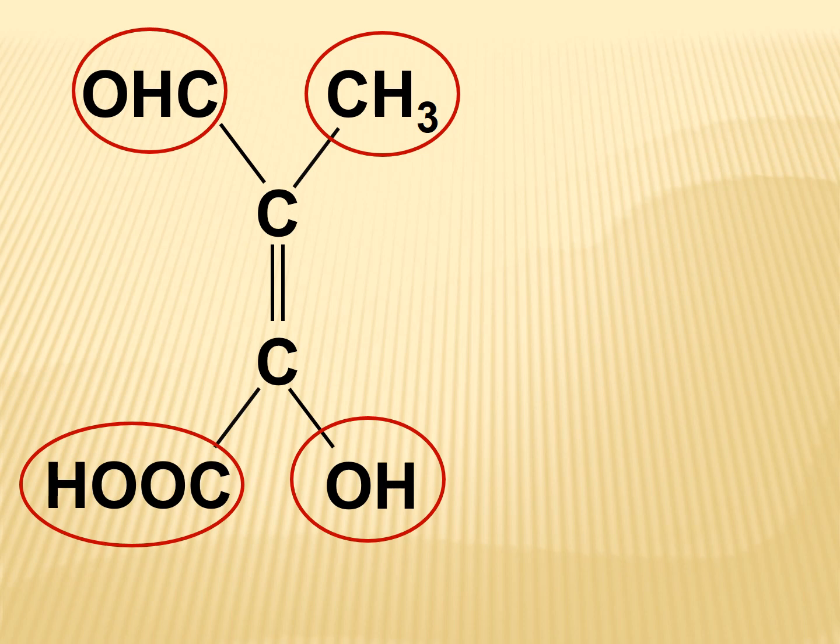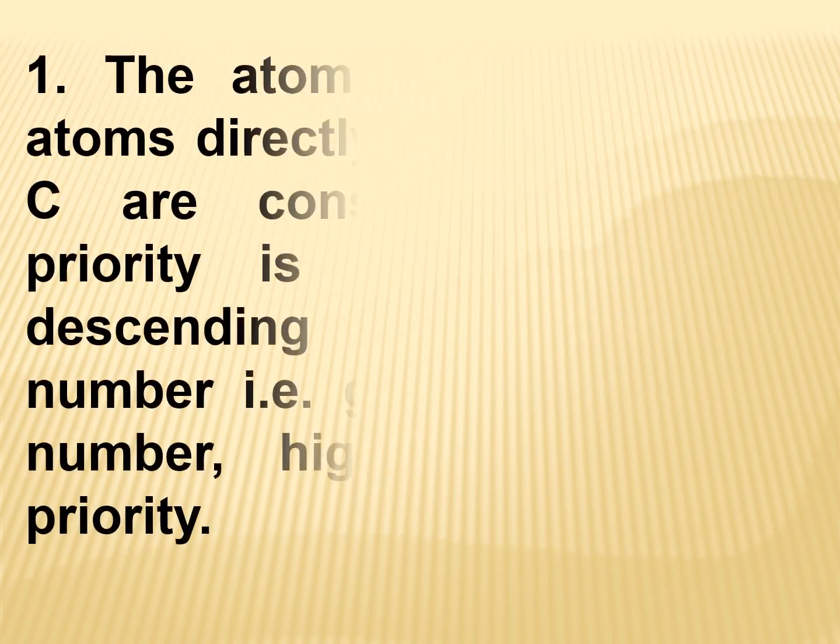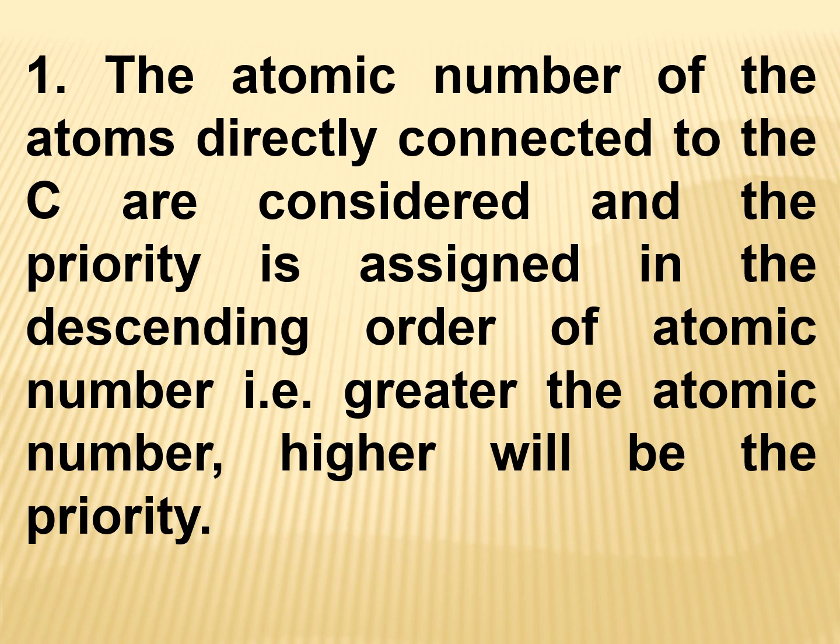And these priorities are assigned on the basis of certain rules. So there are three important rules for assigning priority. Let us see those rules one by one. The first rule is like this: the atomic number of the atoms directly connected to the carbon is important. The atomic numbers of the atoms directly connected to the carbon are considered, and priority is assigned in the descending order of atomic number.